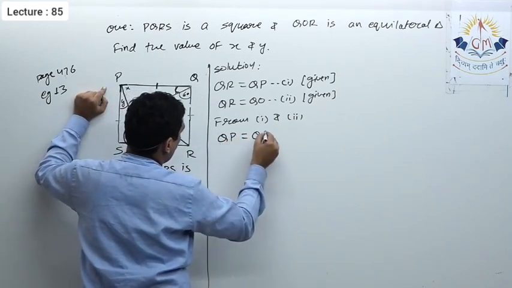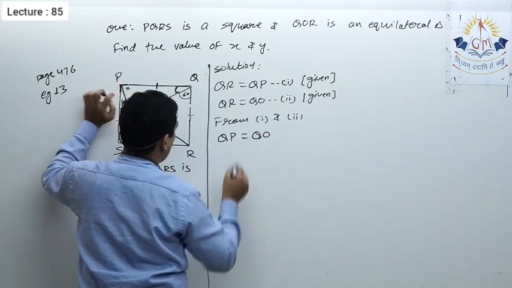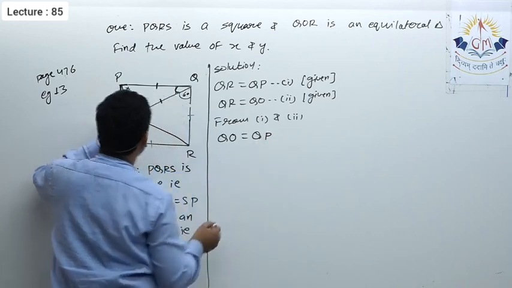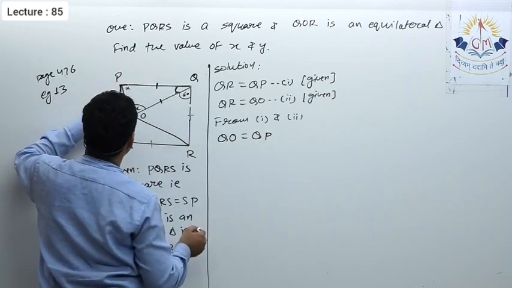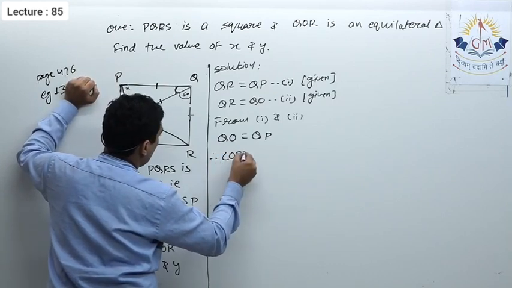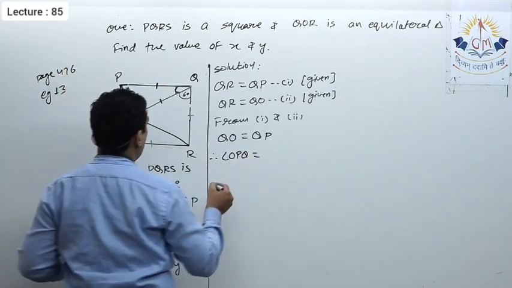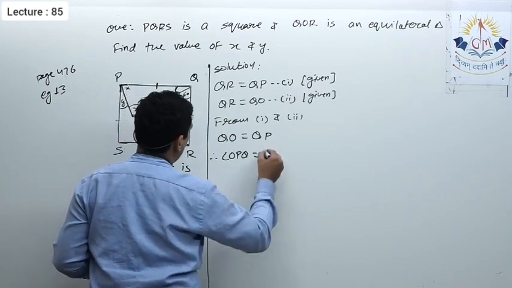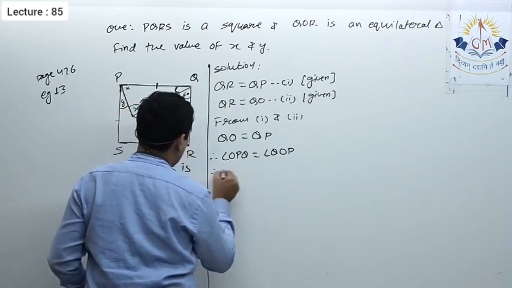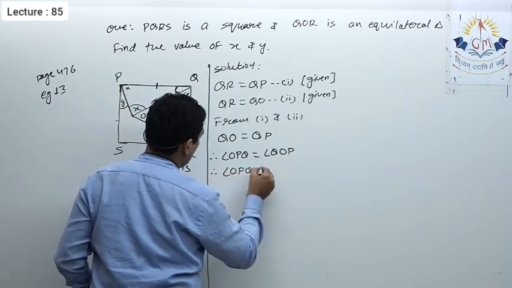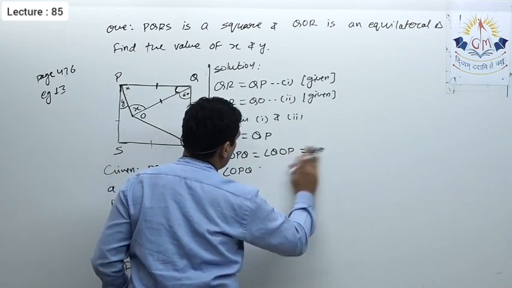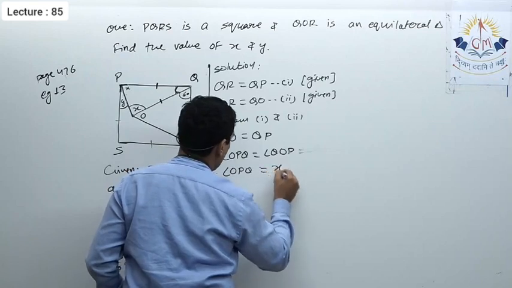So angle opposite to QO is angle OPQ. Therefore angle OPQ is equal to angle QOP, that is equal to x. Therefore angle OPQ is equal to x.